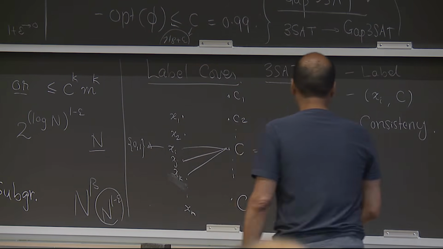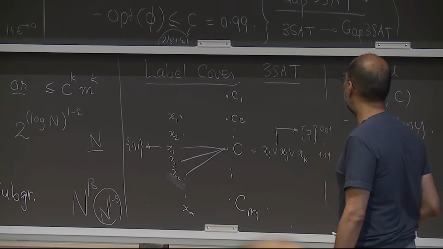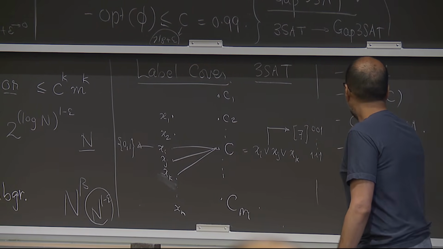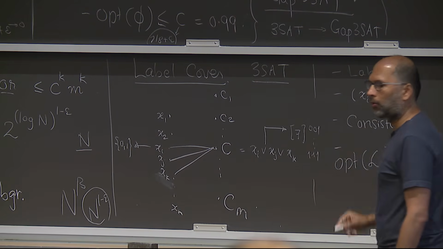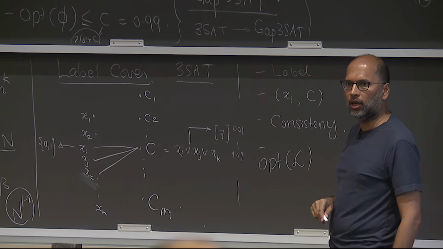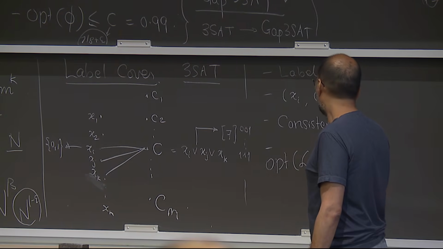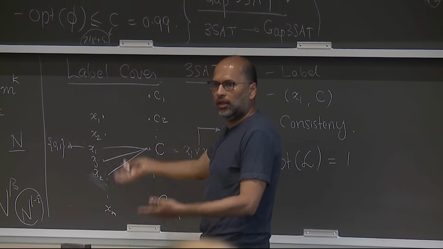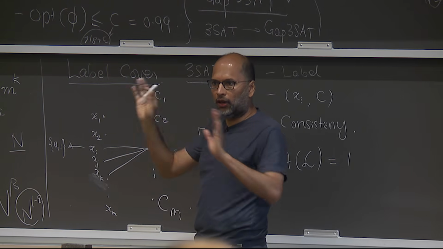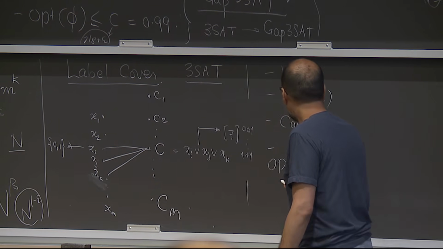Now it's clear that since gap 3 sat is NP hard, so is this problem. Let's call the instance of this problem some scripted L for label cover. If there is a satisfying assignment, then you can just take that assignment and get the correct labeling. You satisfy everything, so opt of this instance is 1.